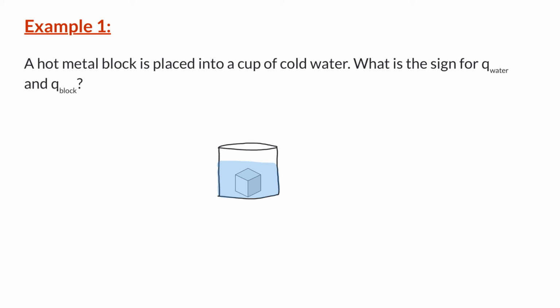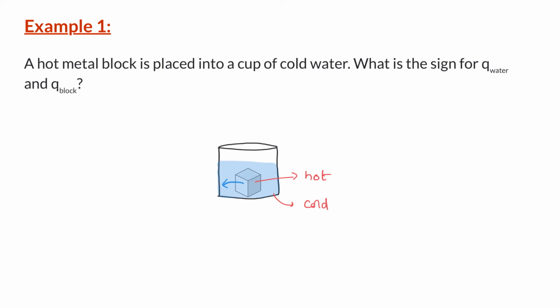We learned earlier that the heat always flows from a hotter object to a colder object. In this case, the metal block is hot and water is cold. Therefore, the direction of heat flow is from metal block to water. So, the metal block is losing heat and the water is gaining heat.